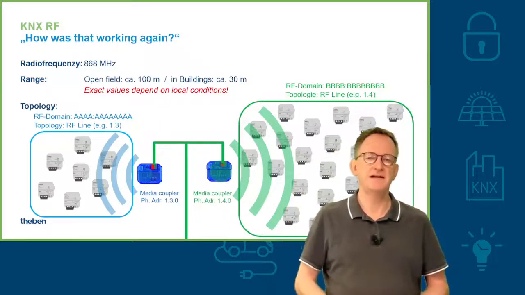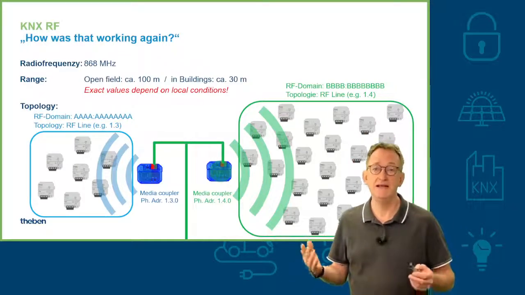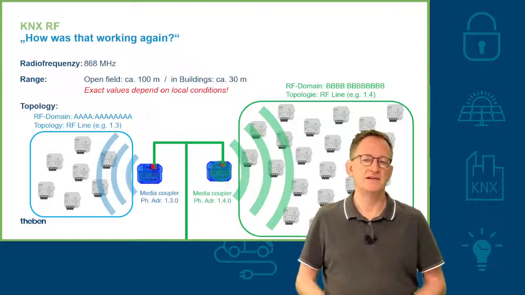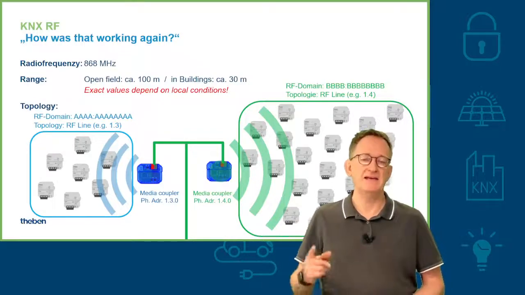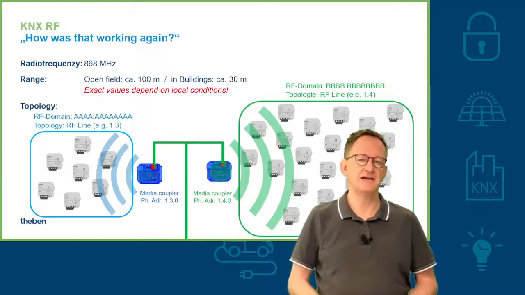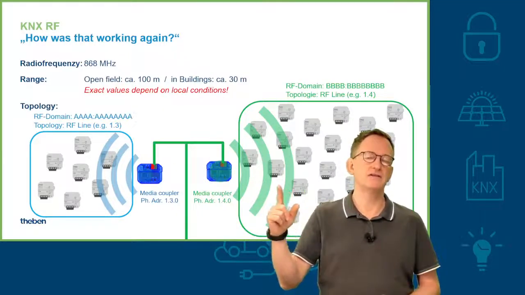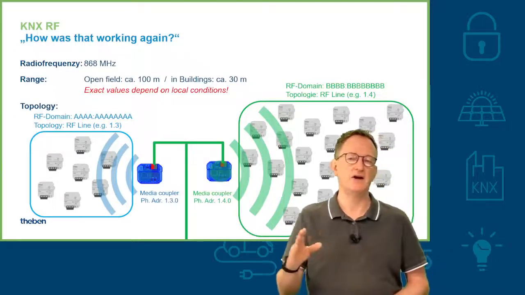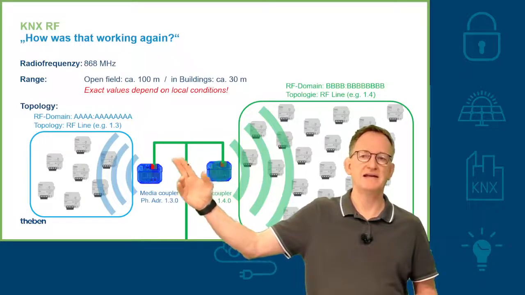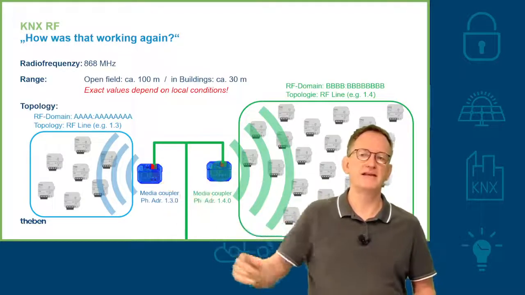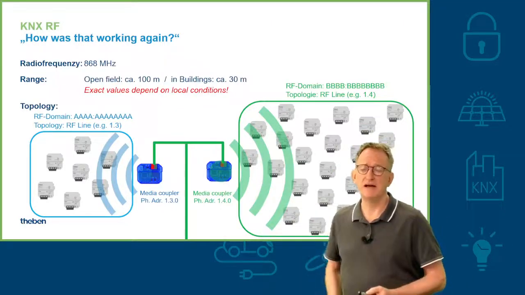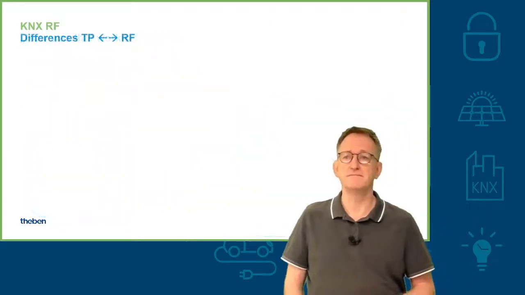The media coupler for that green domain has its own physical address. And if one device from this side would like to talk to the devices on the other side, they cannot talk directly via RF. They always have to go through the media coupler over the green line to the other media coupler and then talk to the other devices. Just so that you are aware of how these things work together.